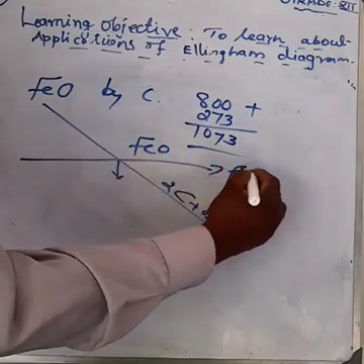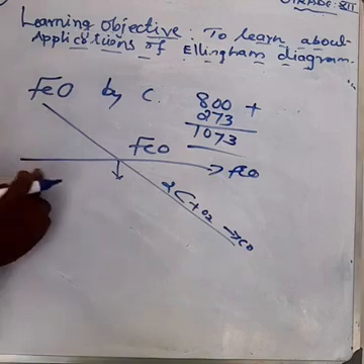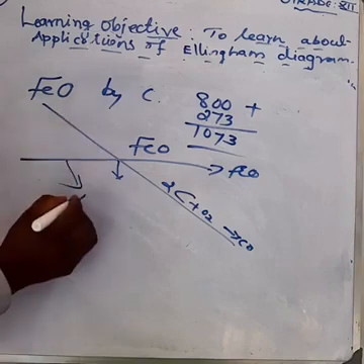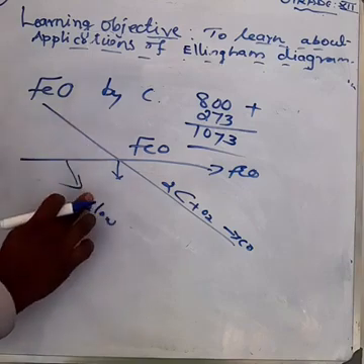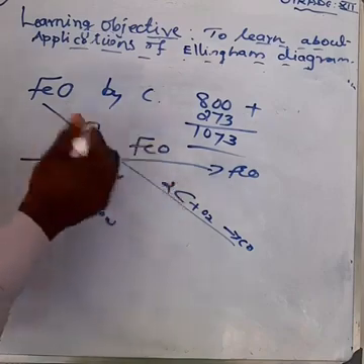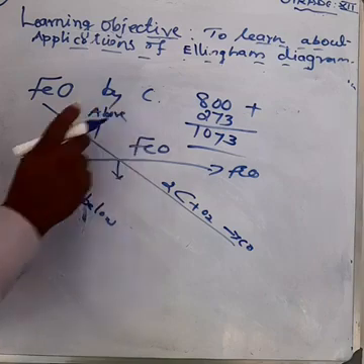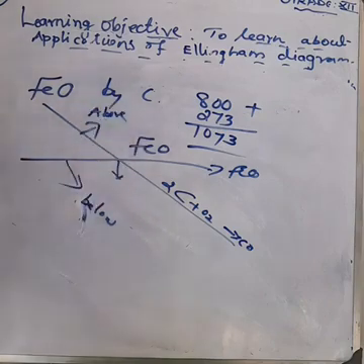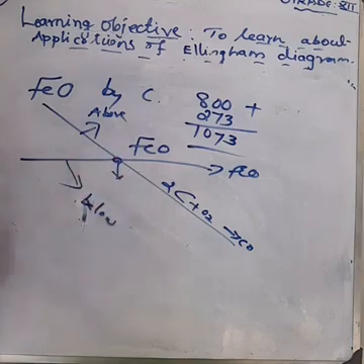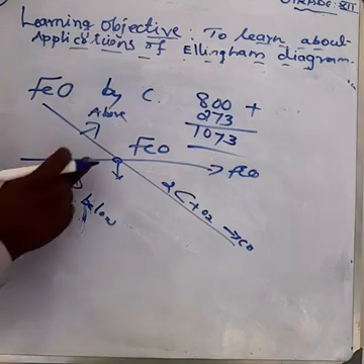Below this temperature, the carbon line lies above the iron line, which shows that iron oxide is more stable than carbon monoxide. So at this temperature, the reduction is not thermodynamically feasible.